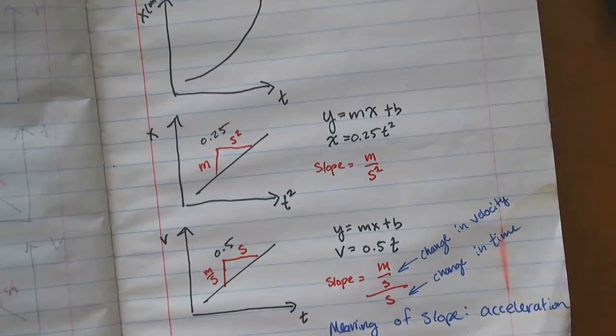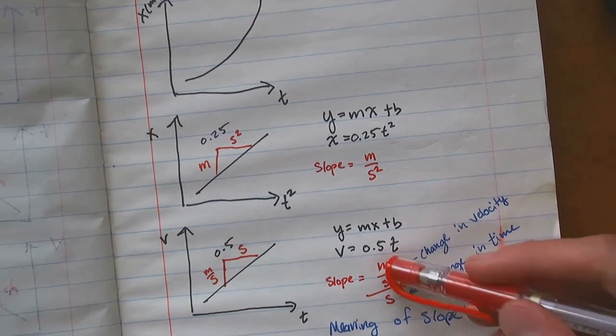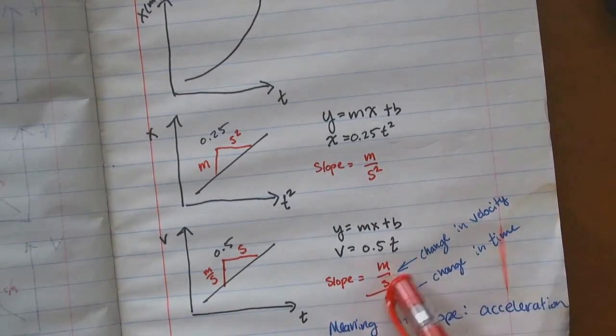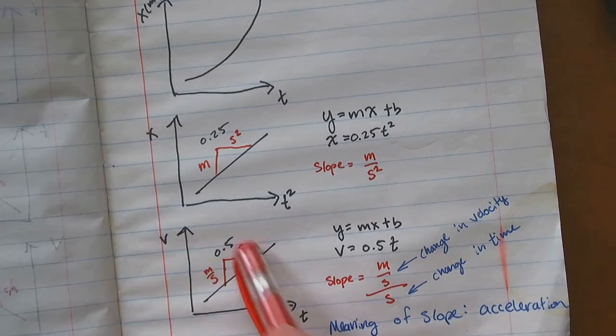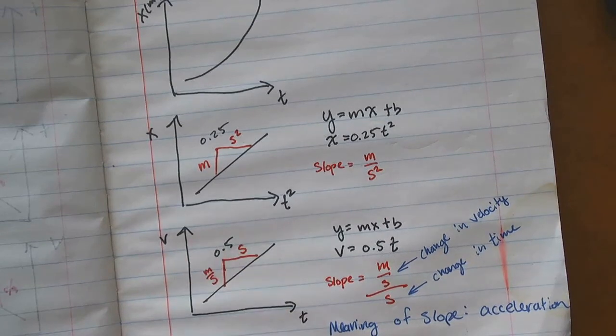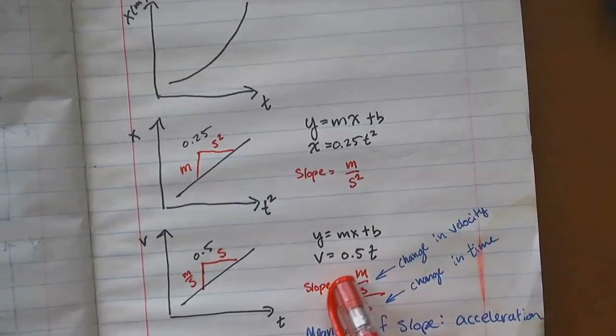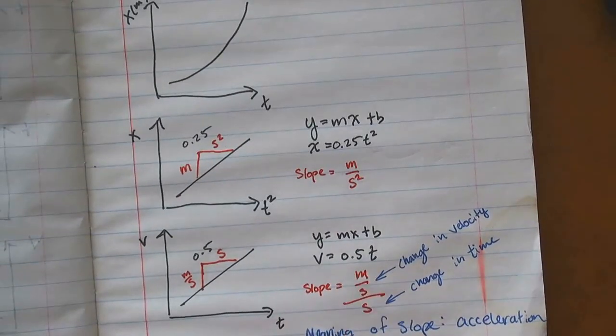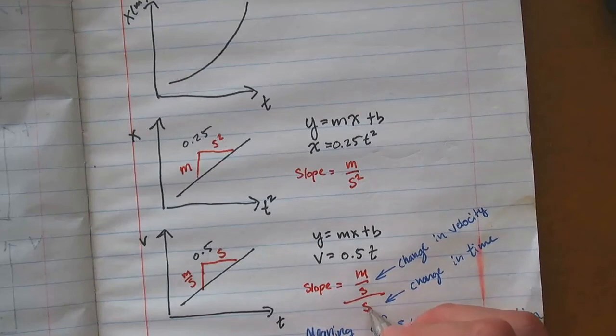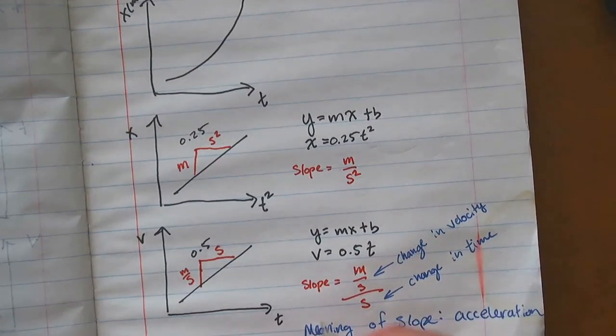Okay, now real quick, let's take a closer look at these units and see if we can simplify them. We know that the meaning of the slope for this graph is your acceleration. How much are you speeding up or slowing down? Let's remember that dividing by a number is the same as multiplying by the reciprocal.